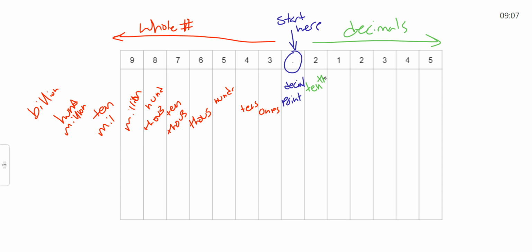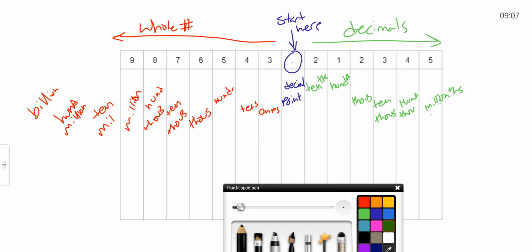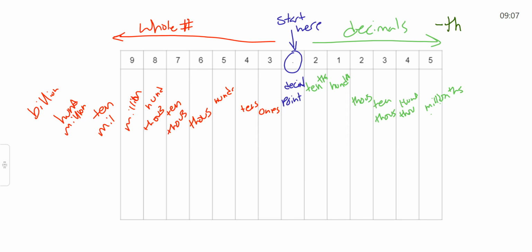We have tenths, hundredths, thousandths, 10,000ths, 100,000ths, millionths. Now, even though I'm not writing this on all of them, one thing to keep in mind with these decimal values is they all end in THS. That's very different than the whole numbers. The whole numbers just end with the letter S.